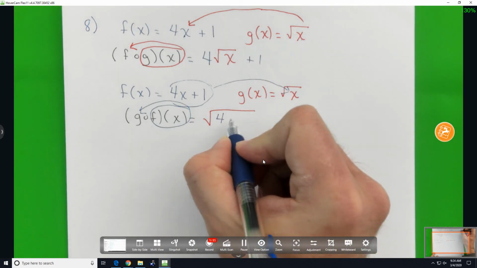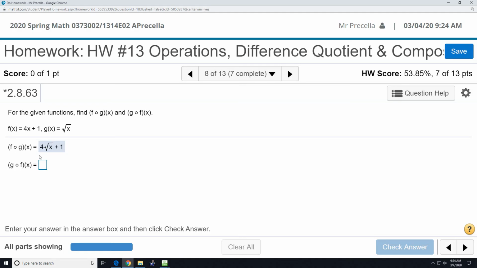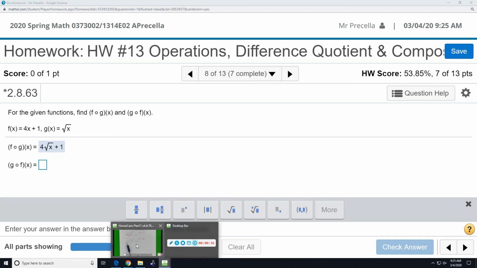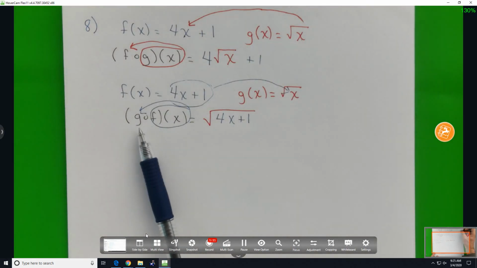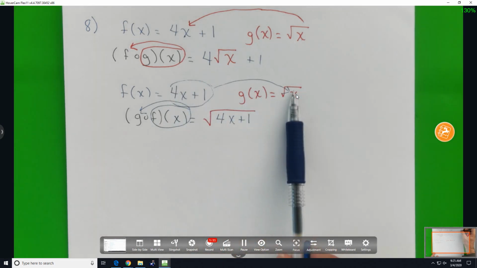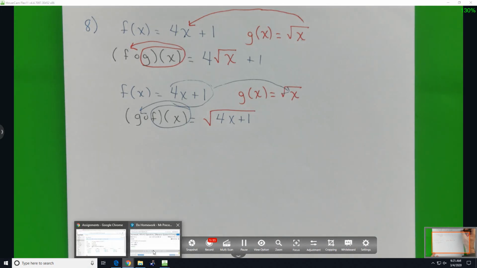Notice all of this is under the square root symbol. Y'all see the difference there. I'm plugging f of x into G. Say it again. I'm plugging f of x into G. So I'm plugging 4x plus 1 into the function G. So in place of that red x, I have that blue 4x plus 1.